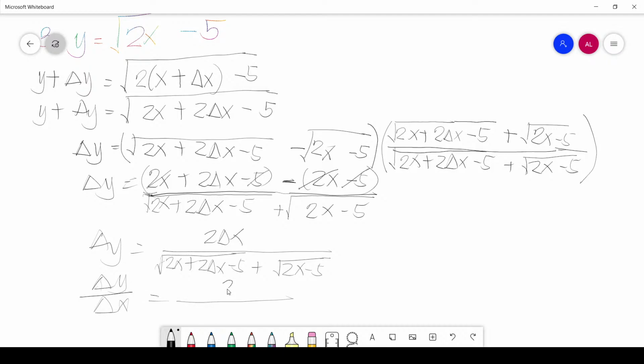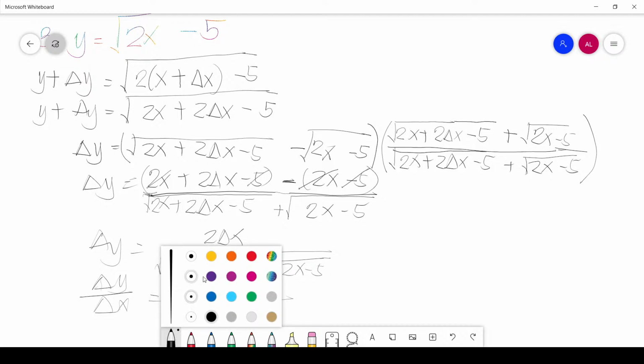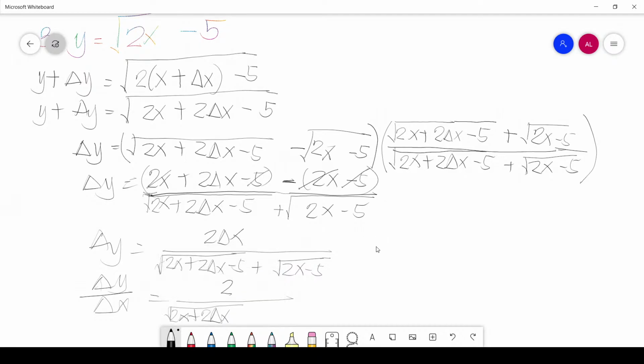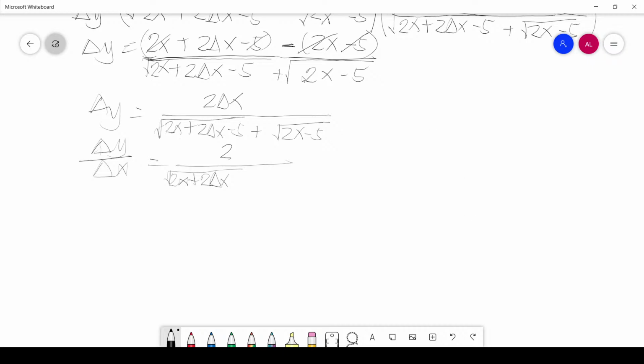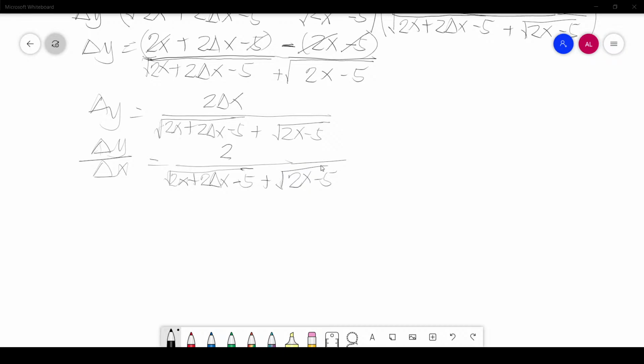So, this will become 2 over the square root of 2x plus 2 delta x minus 5 plus the square root of 2x minus 5. So, let us now evaluate the limit of the function 2 over the square root of 2x plus 2 delta x minus 5 plus the square root of 2x minus 5.